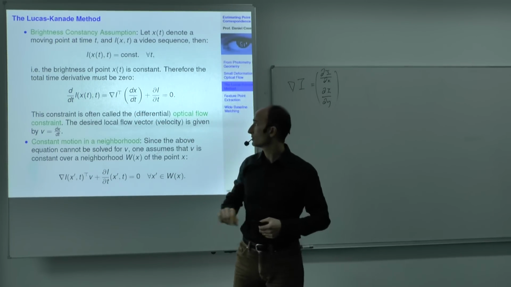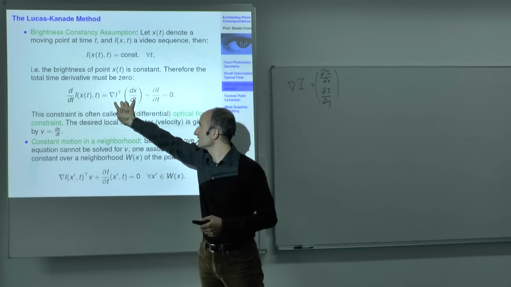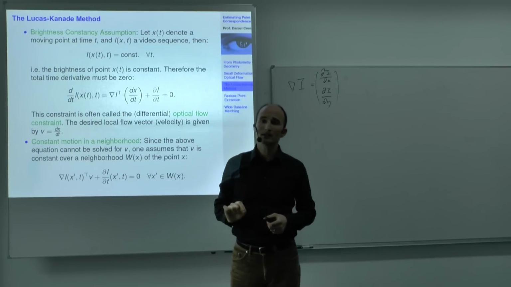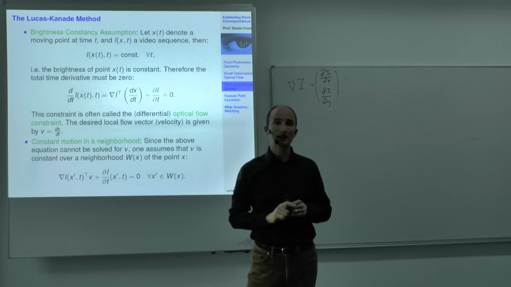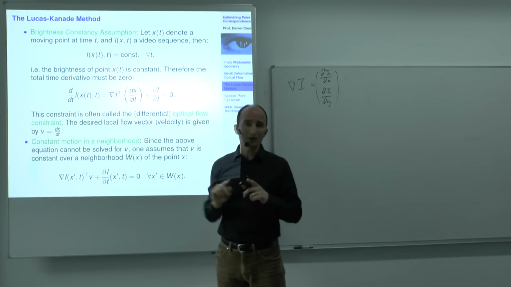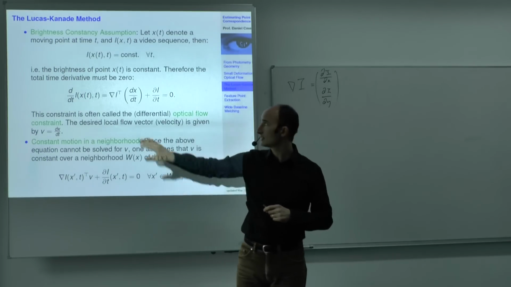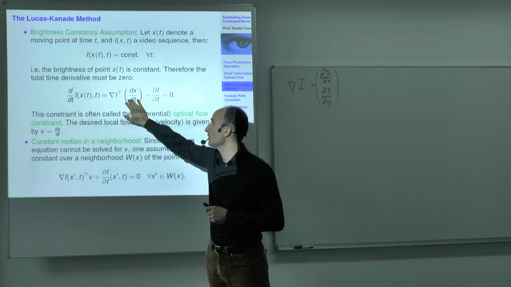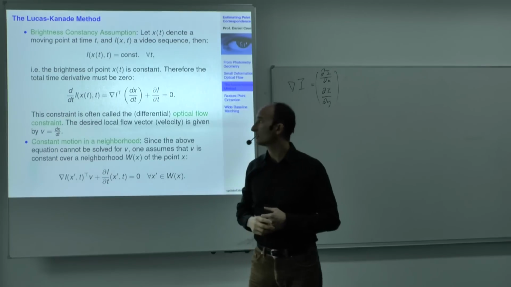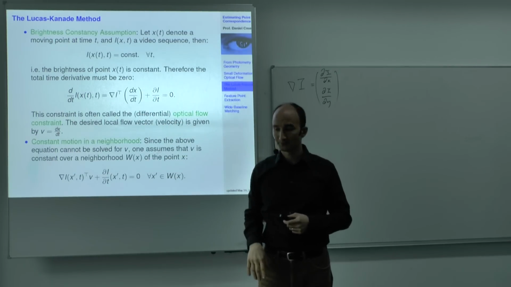And so, in other words, what we have here is essentially the component of the velocity vector in direction of the gradient. The component of the velocity orthogonal to the gradient, we don't see. It vanishes. So any flow component that is orthogonal to nabla I is going to be 0 here anyway.